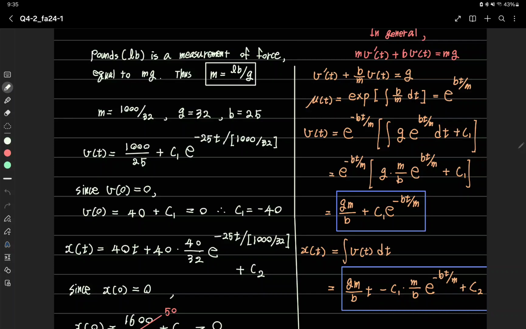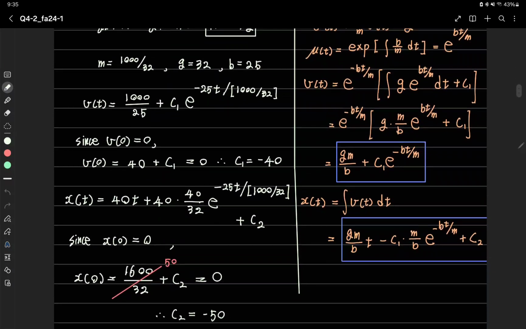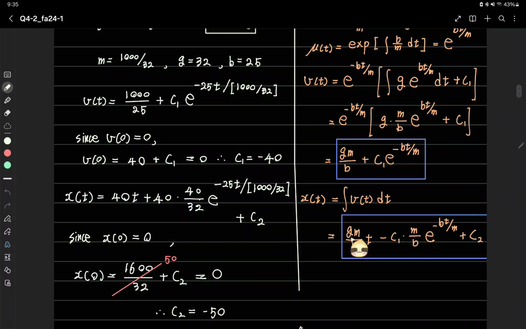Now we're going to plug the parameter values specified in the problem into that solution. We know g is 32 feet per second squared. We need to figure out m, and b is 25. Then using the initial conditions, we can figure out c sub 1 and c sub 2.